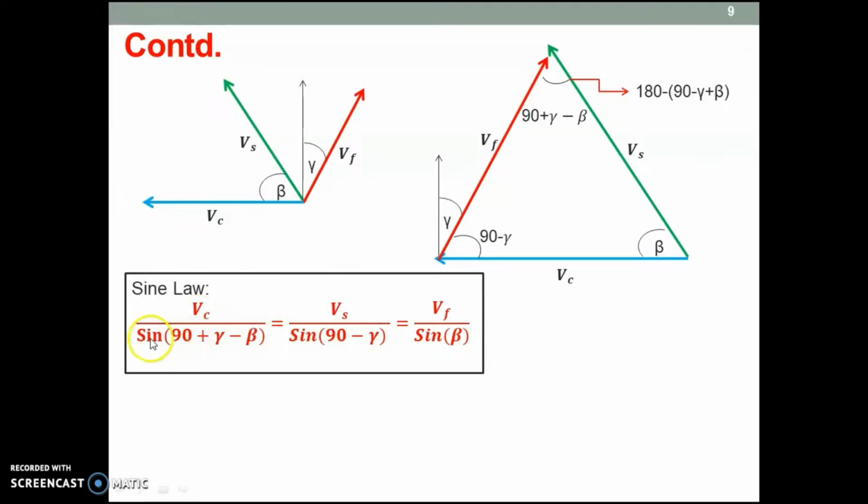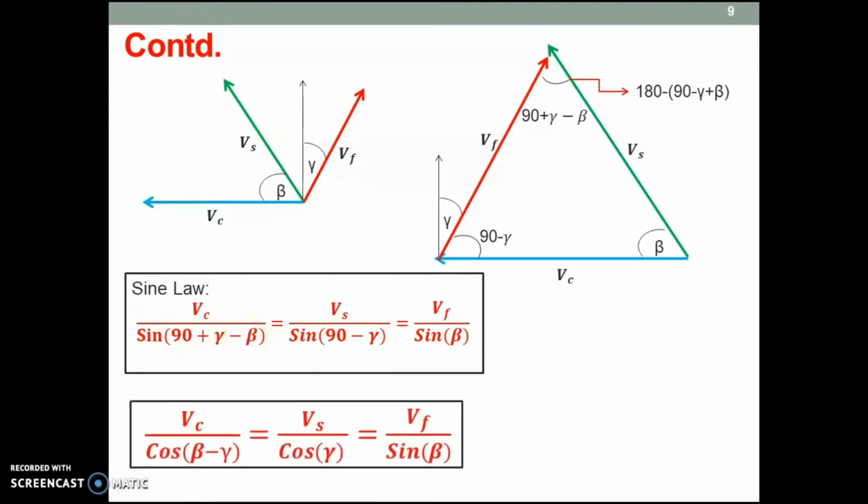Now sine(90 plus theta) is cos theta, and sine(90 minus theta) is also cos theta. So you can arrange and write it like this: VC by cos(beta minus gamma) equals VS by cos gamma equals VF by sine beta.